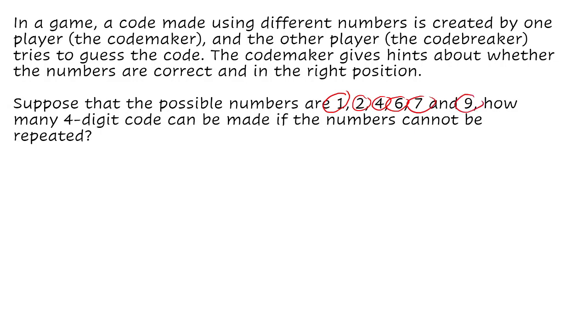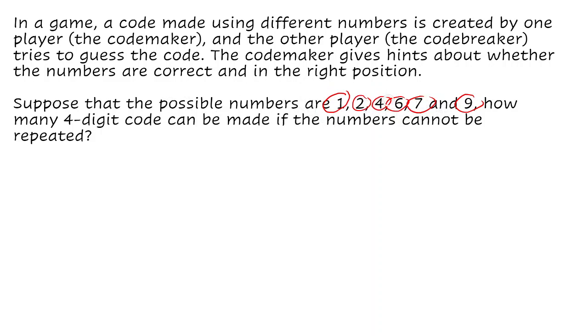Sa problem, ineexplain lang na in a game, merong isang code na bubuin yung code maker, hinuhulaan naman ng code breaker. Every guess ng code breaker, nagbibigay ng hint yung code maker whether yung numbers ay tama or kung tama yung position ng mga numbers. Suppose daw, meron tayong numbers na 1, 2, 4, 6, 7, and 9.